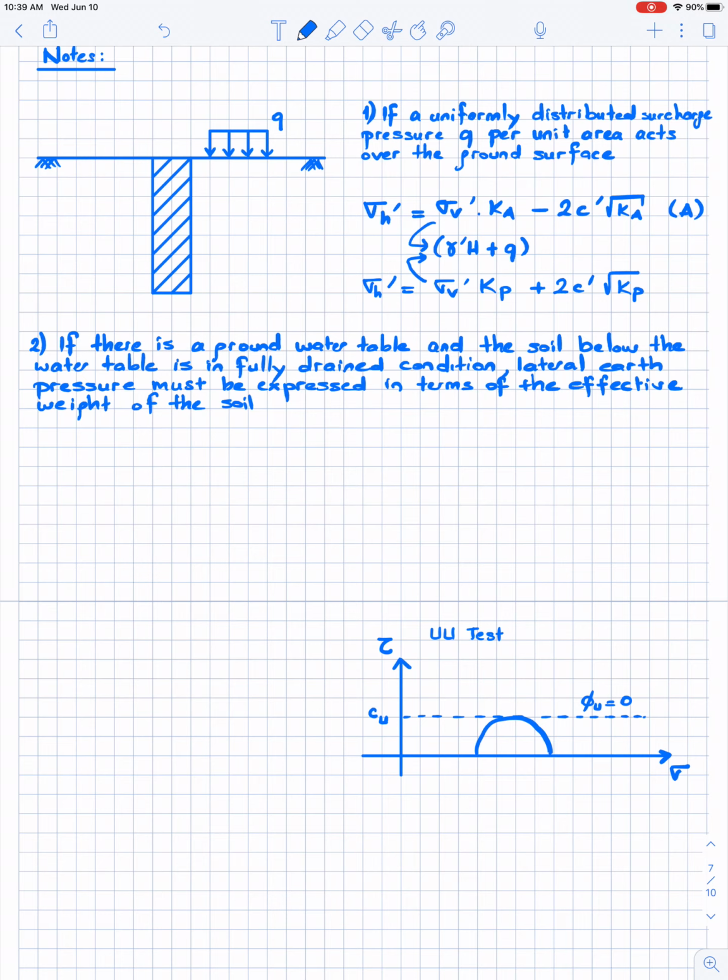Okay, so we are going to be using gamma prime, which is gamma saturated minus gamma water.